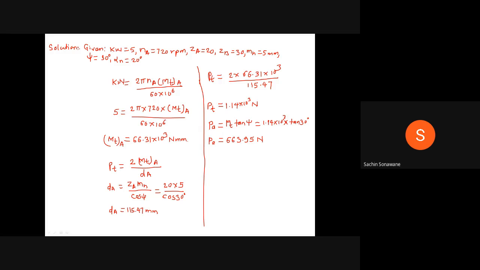Don't think that only objective type exam will be there. Then radial force PR. What is the formula? PR is equal to PT into bracket tan of alpha n divided by cos of psi.